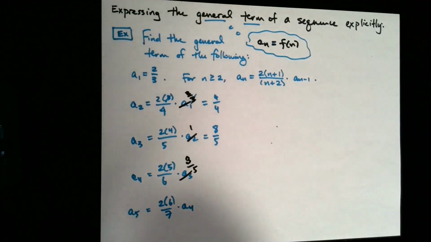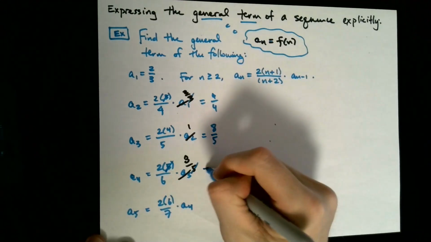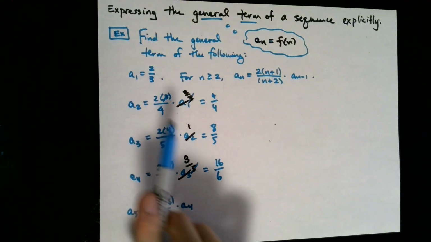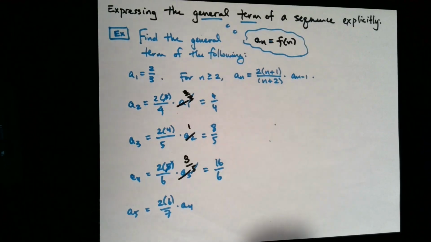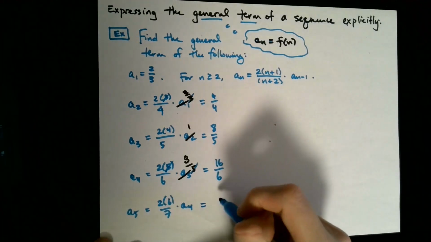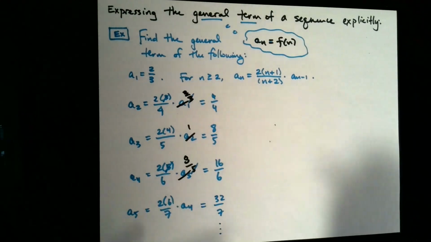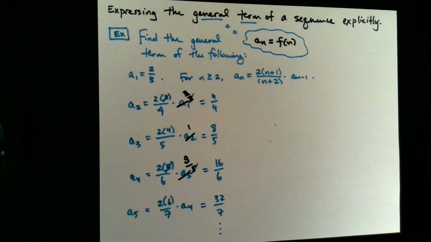Here as well, the 5's cancel, and we simply get 16 over 6. If you were thinking the same thing I was thinking, that the numerator was doubling and the denominator was increasing by 1, then we're seeing the pattern. And we can now know precisely what the next term would be, 32 over 7, because the numerator is 2 times the previous and the denominator is 1 more than the previous.